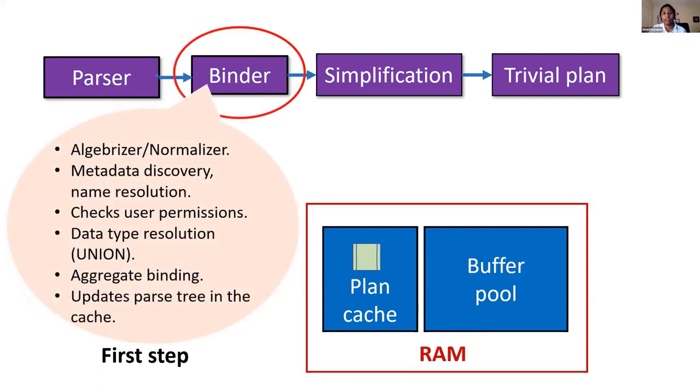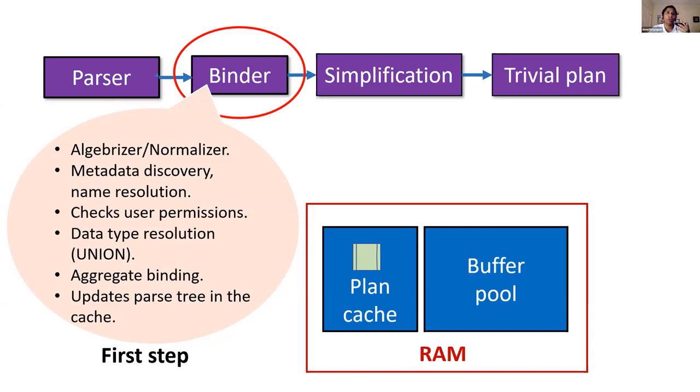What happens in the binder is the binder will identify if the objects like tables and the columns are valid or not. The binder is also known as the algebraizer or normalizer. In the binder phase, the binder will check for the user permissions on the objects which we are using in our query. Data type resolution happens here.